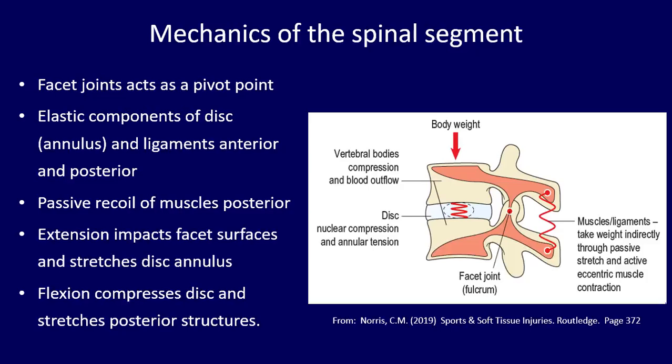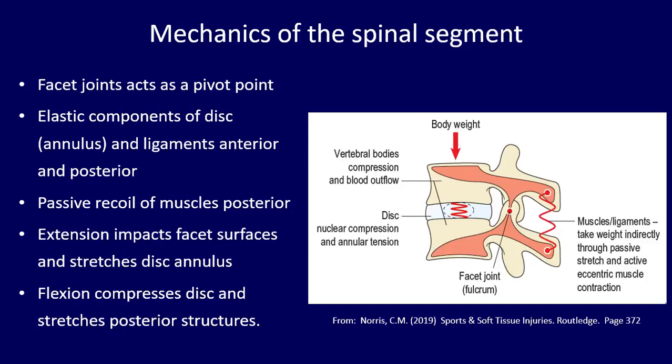So if we move the joint into extension, the outer aspect of the disc will be placed on stretch, and so the fibers of the annulus fibrosus, the outer casing of the disc, will be placed on stretch to limit the movement, together with the anterior longitudinal ligament which lies in front of the vertebral body.